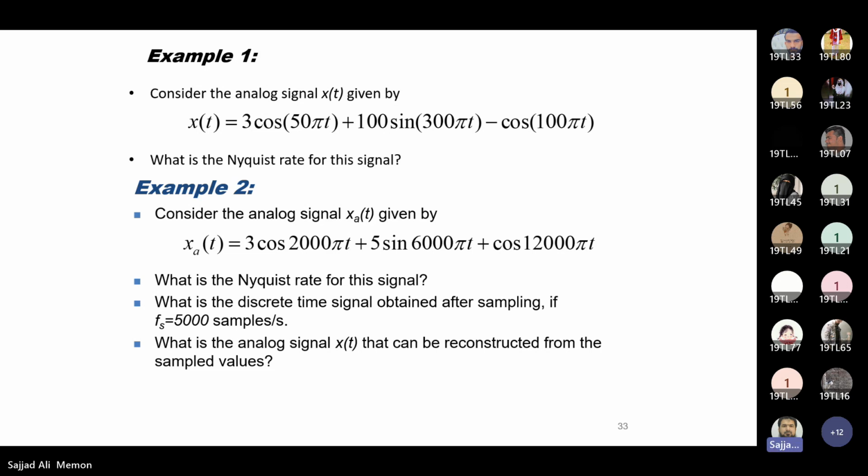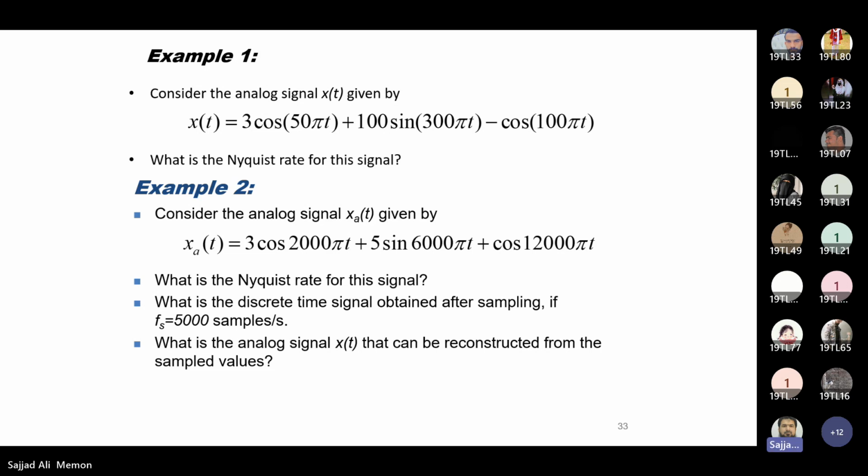If you compare it with 2 pi f t, you will know that f is 150. So the highest frequency component available in this signal is 150 hertz. Then the Nyquist rate should be greater than or equal to 300 hertz.